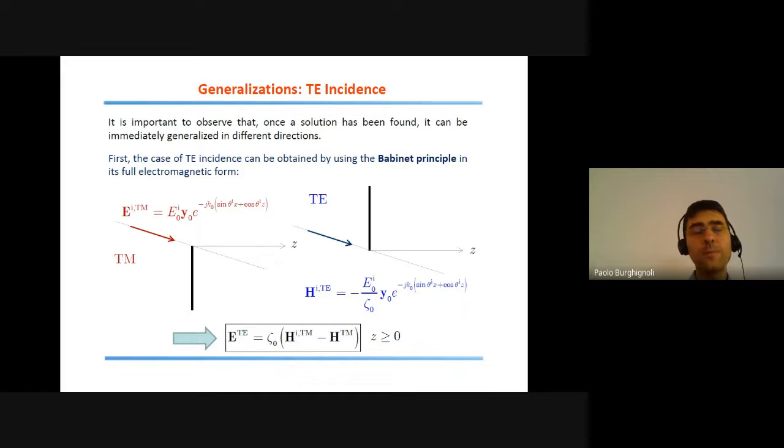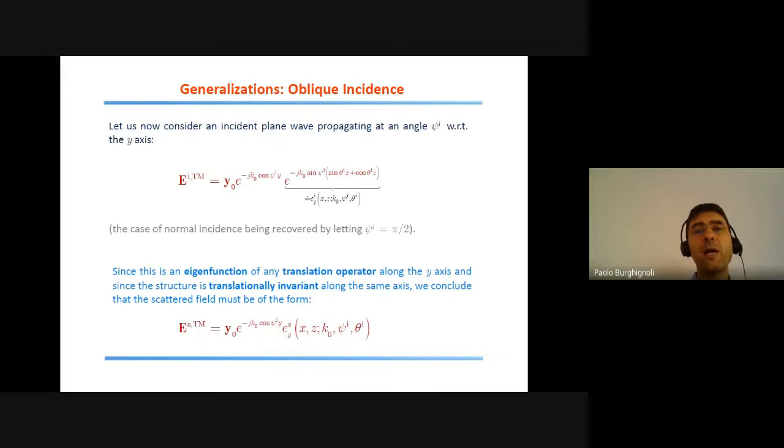The second one involves changing the direction of propagation of the incident waves. That is, we may allow the incident wave to be incident at an oblique angle with respect to the edge of the half plane.